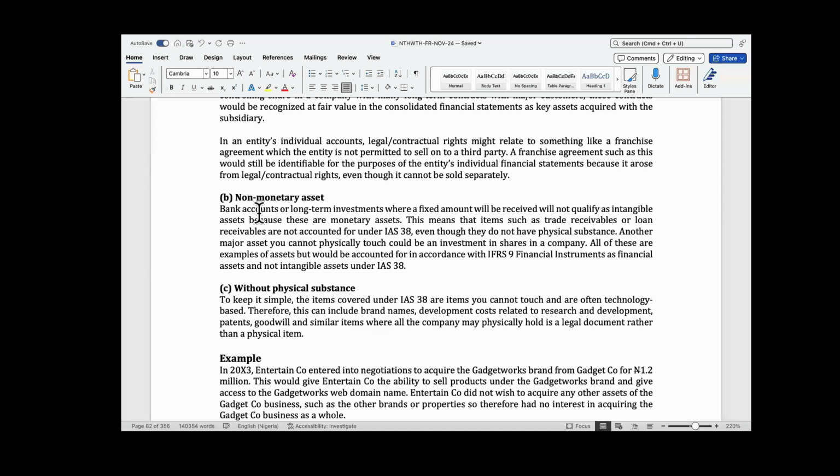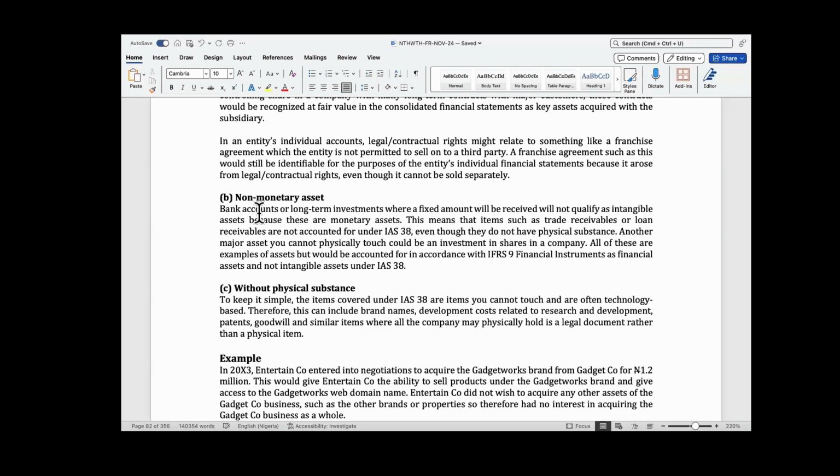Even trade receivables, or even loan receivable. Any item of assets where you would receive a fixed sum on liquidation is a monetary asset, and that can never be an intangible asset.